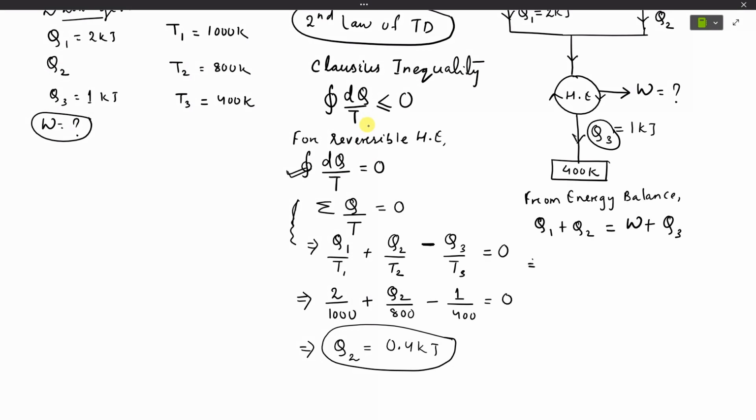So Q1 is 2 kilojoule plus Q2, which we already calculated, that is 0.4, equal to W plus Q3, that is given as 1 kilojoule. If we solve this expression, we get W equal to 1.4 kilojoule.